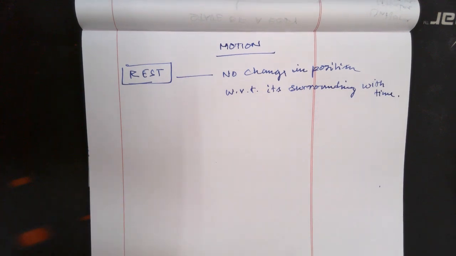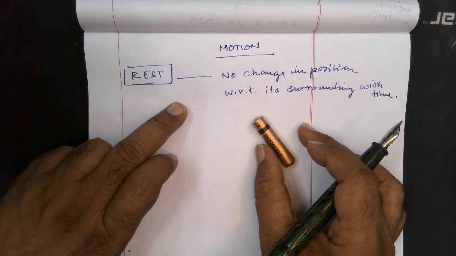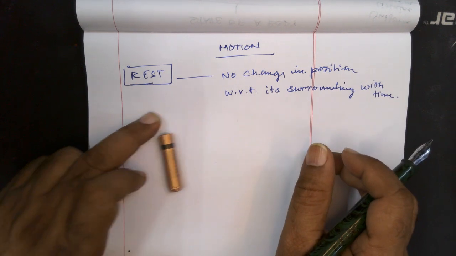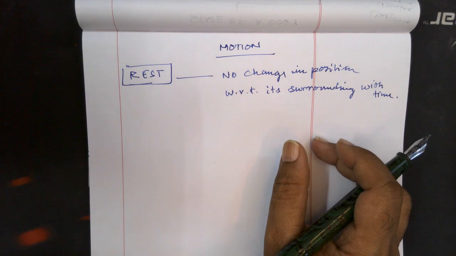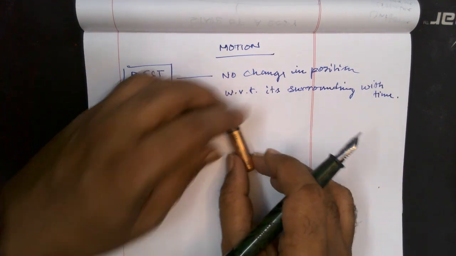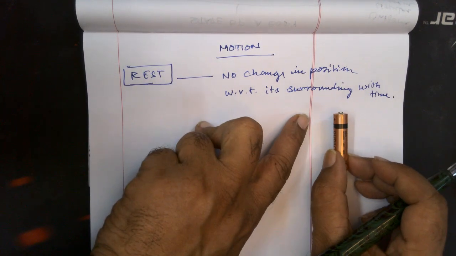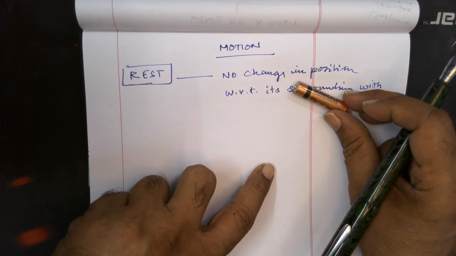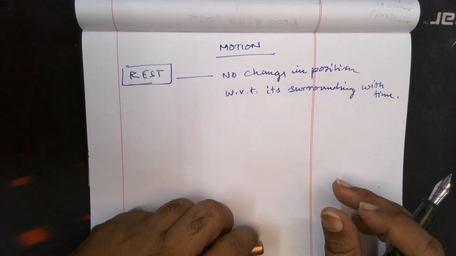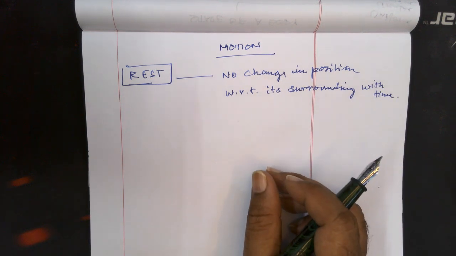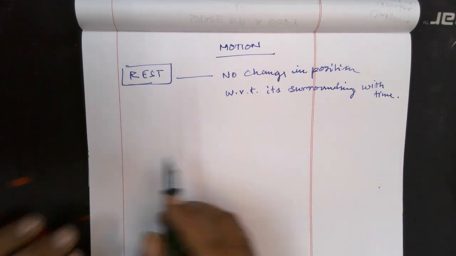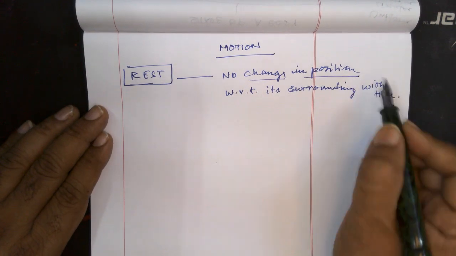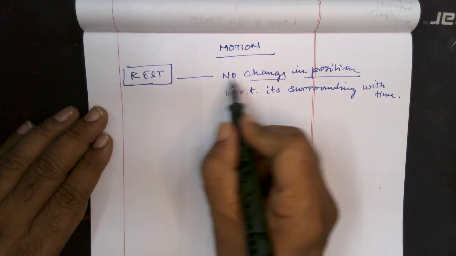So when I keep a body like this, it is at the state of rest. But when it moves, there is a movement. It is called motion, is it not? So let me say this is the initial level and this is the final point. So it undergoes a motion. So motion is where you can find the change of position, and in the rest there is no change.